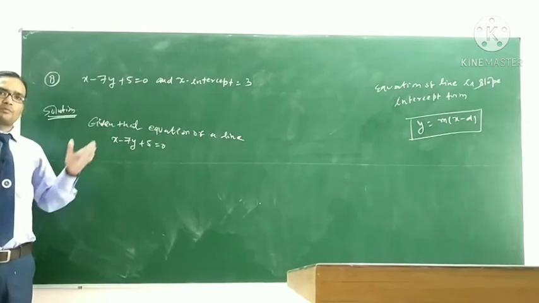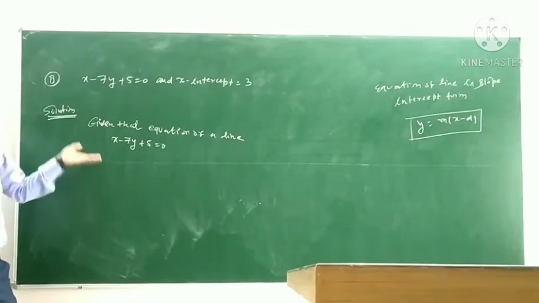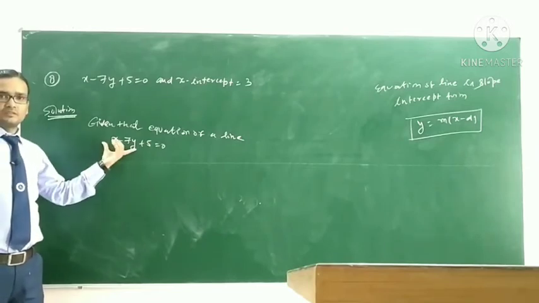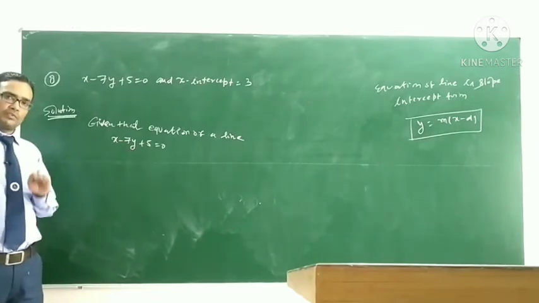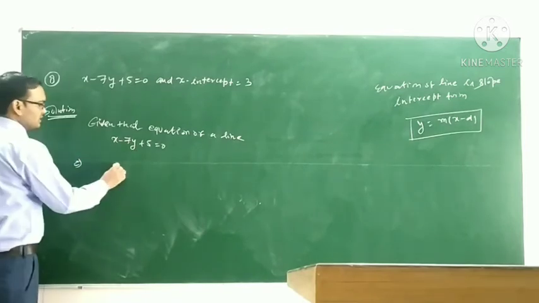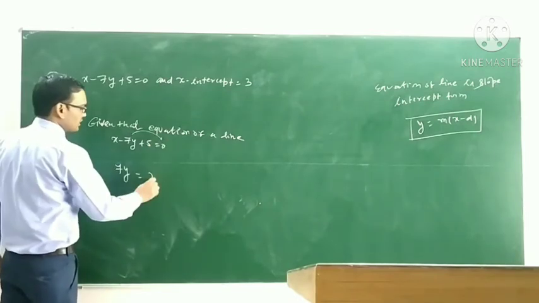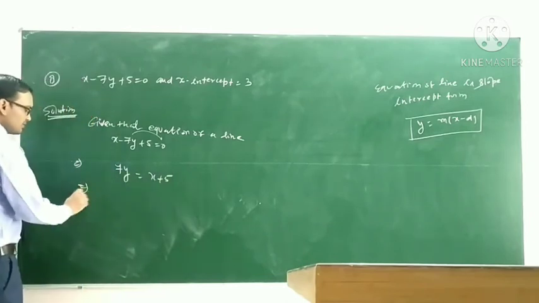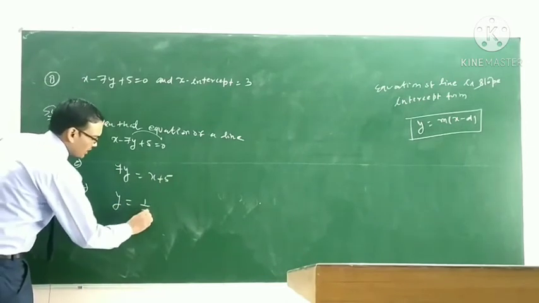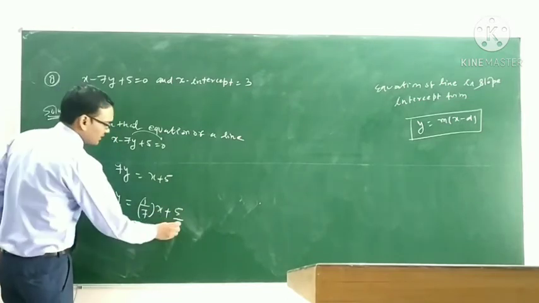If we find the slope of this line, then using m1 into m2 equal to minus 1, we find the slope of the line which is perpendicular to this line. Okay students, first of all we find the slope of this line. This implies that 7y is equal to x plus 5. This implies that y equal to 1 upon 7 x plus 5 upon 7.